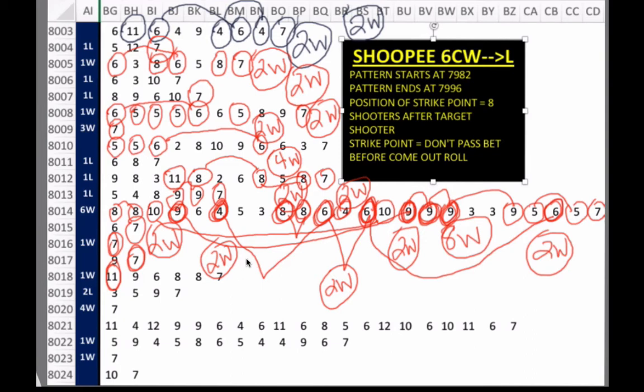If you're not following this, you're not seeing all of these opportunities, and you're not seeing all of these trends and these things that are staying the same. This is why tracking dice rolls is the way to go. Look at this, another 2-win series. From this 8 to that 8 is 1, 2, 2 wins.